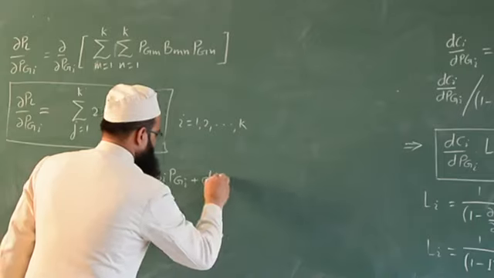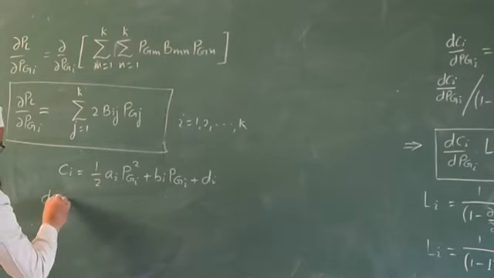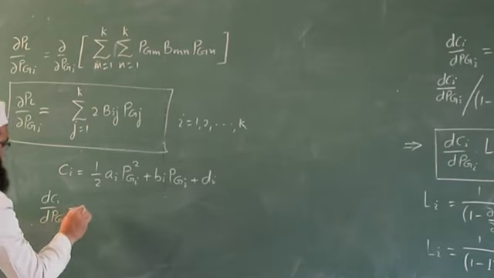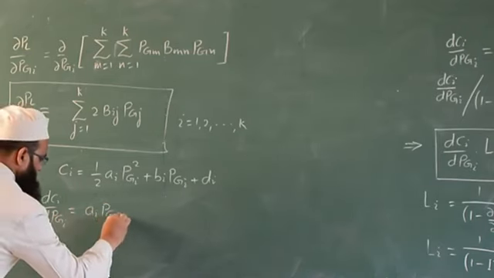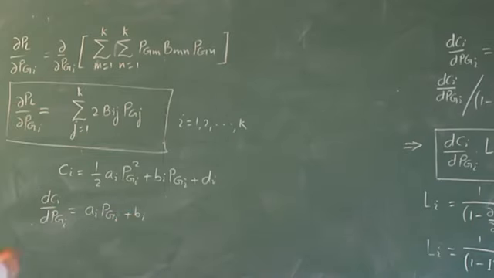So the incremental fuel cost can be written as dCi upon dPGi is equal to Ai PGi plus Bi.